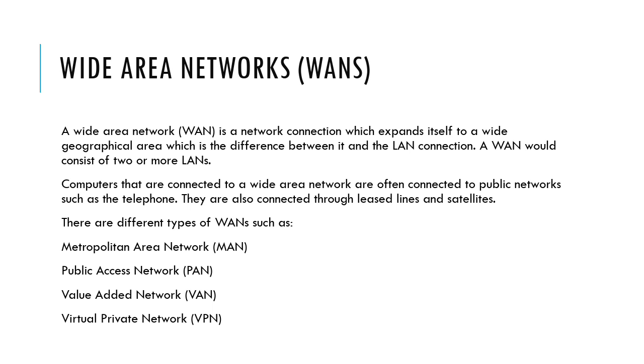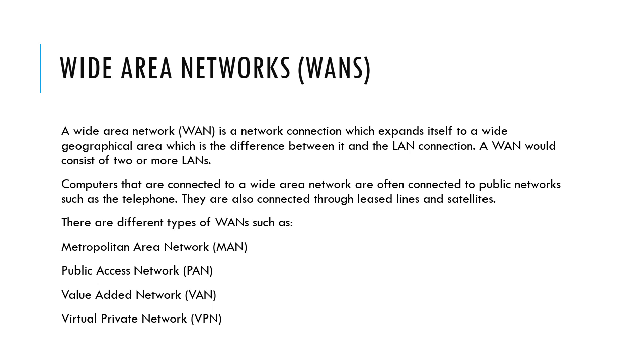So a WAN will consist of 2 or more LANs. Computers that are connected to a wide area network are often connected to public networks like the telephone. They are also connected through leased lines and satellites.